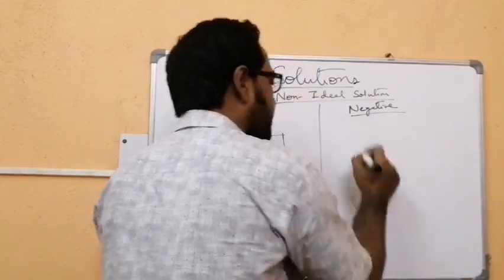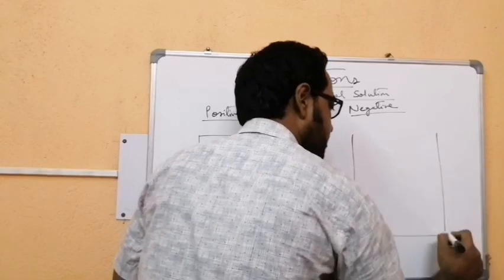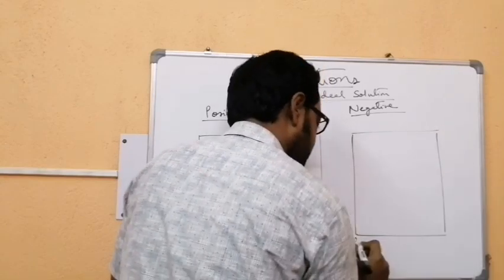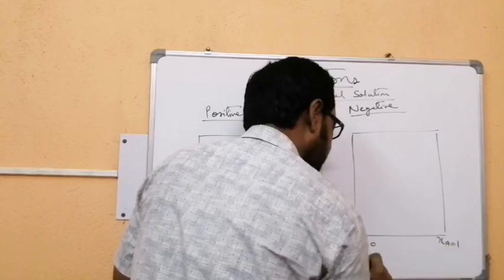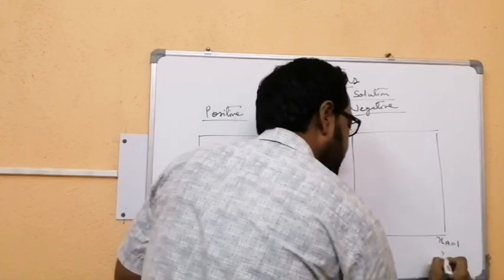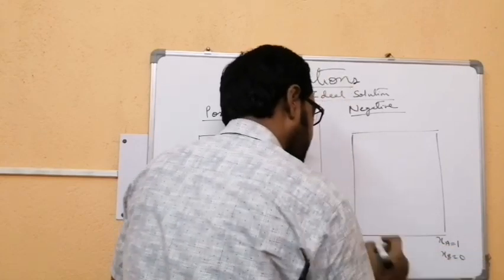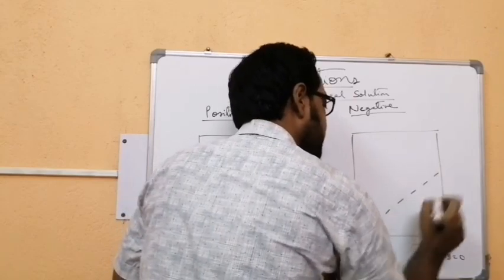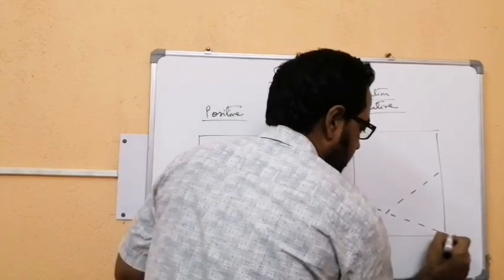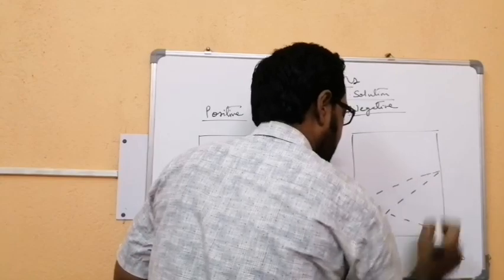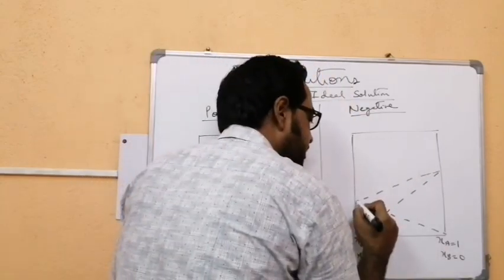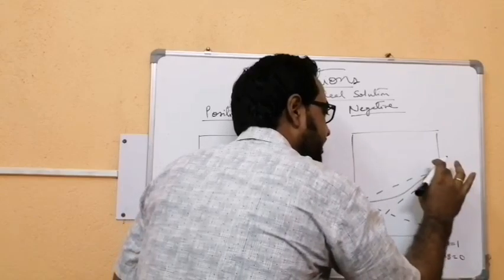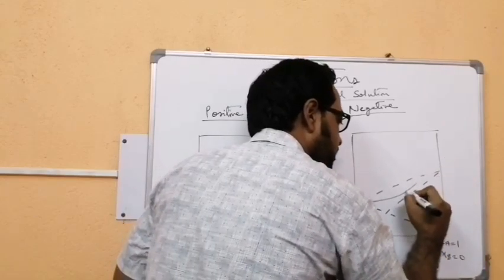Now in case of negative deviation, XA equal to 0, XA equal to 1, XB equal to 1, XB equal to 0. So again we have the ideal case, and for negative deviation, the vapor pressure will be less than that expected from Raoult's law.